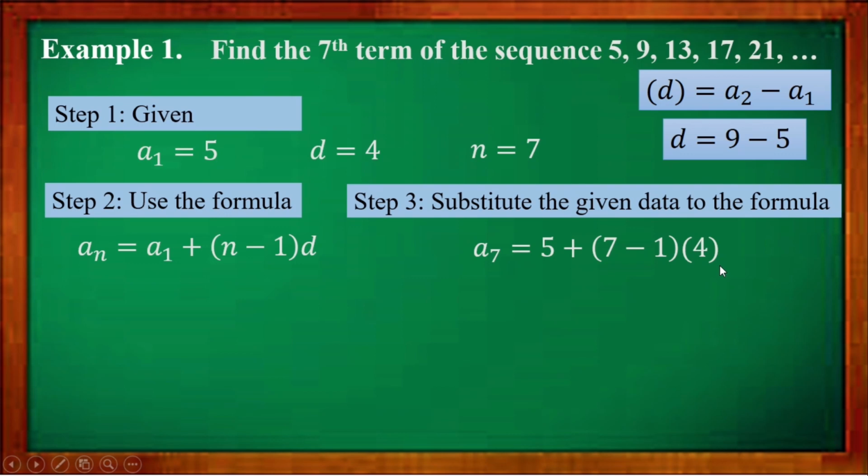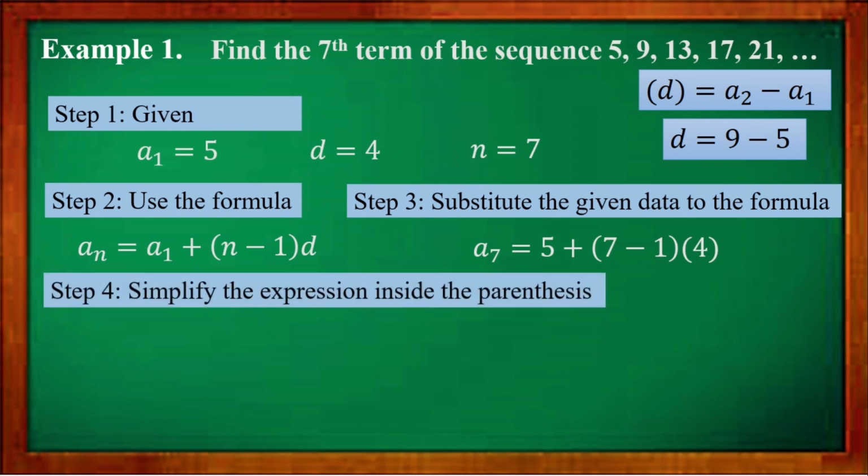So after substituting the given values, we can now simplify the expression inside the parentheses. We have 7 minus 1. So a sub 7 equals 5 plus, for the expression that we simplified, 7 minus 1 is just 6. Then copy the common difference, d.